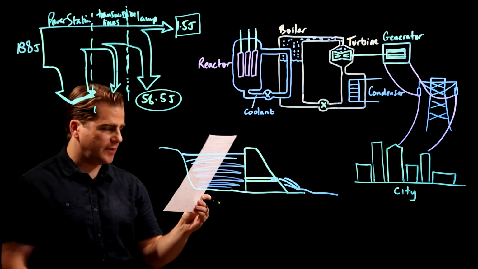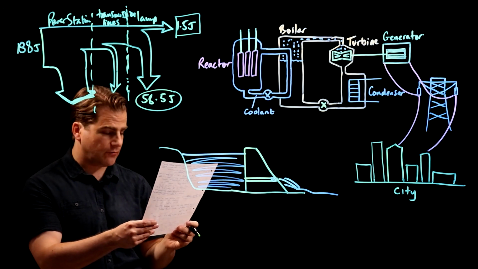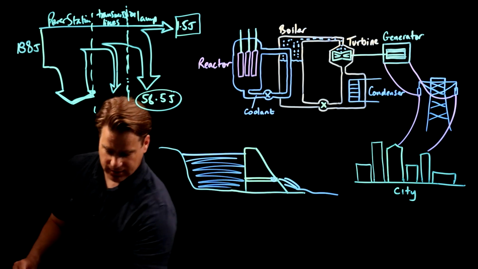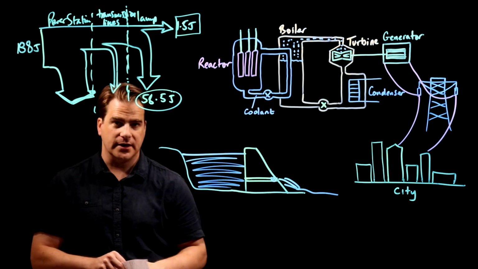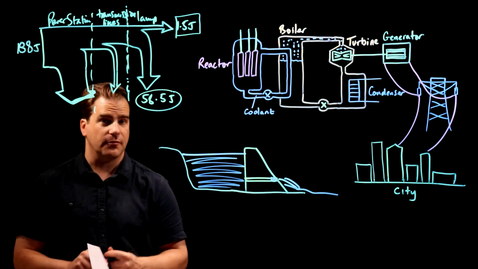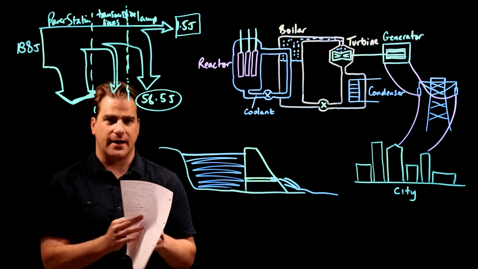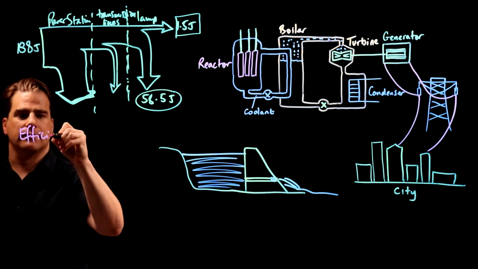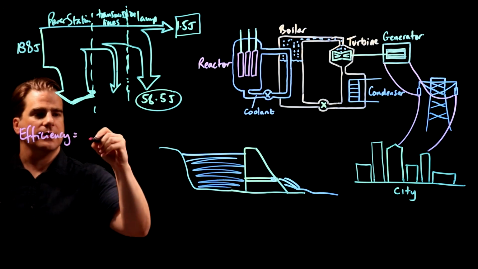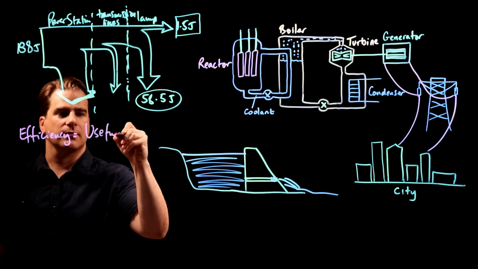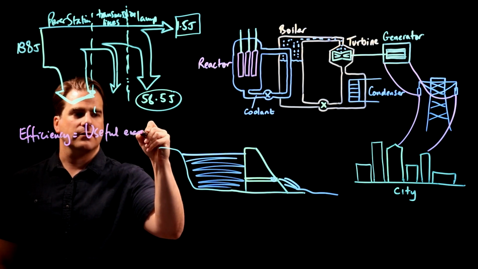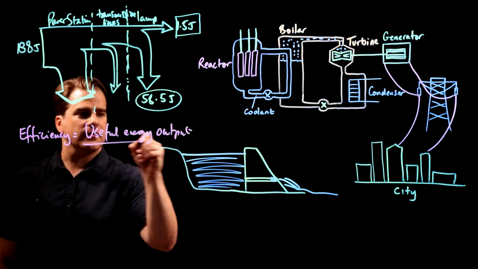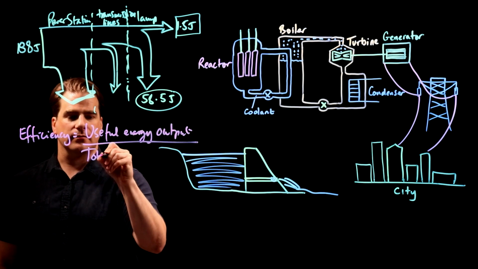State the relationship between efficiency, useful energy output, and total energy input. You've just got to know the definition and the equation of efficiency off by heart, okay? So if you don't know it, learn it now. It's this: the efficiency is useful energy output divided by total energy input.